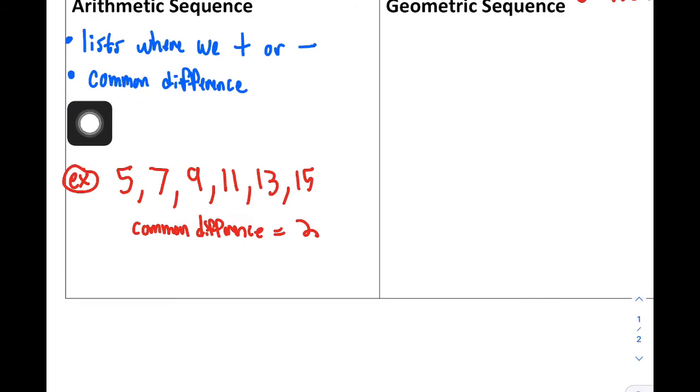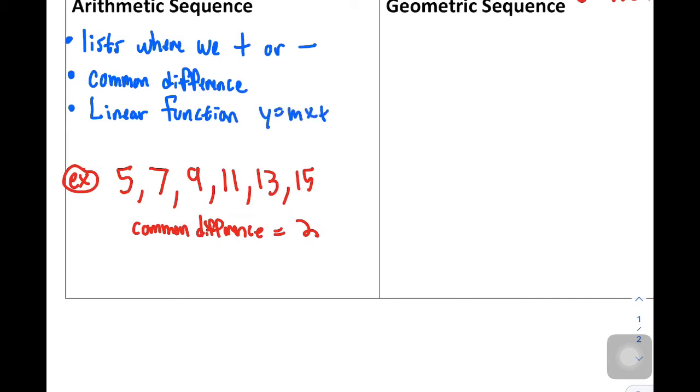And if you notice, one more thing, I left this one blank on purpose. When we're talking about arithmetic sequences, you will be able to see the connection that these, when graphed, will actually make linear functions. And you know those as your y equals mx plus b's.